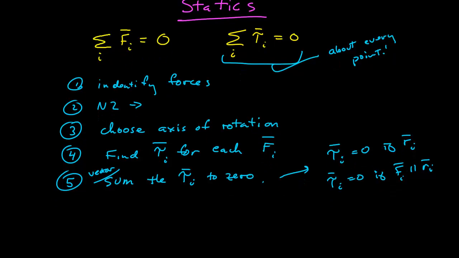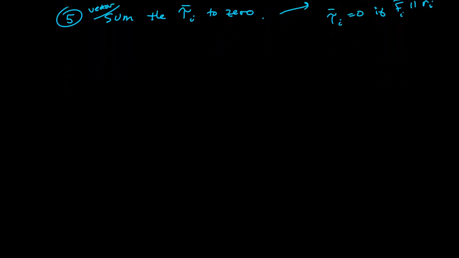I want to do an example that's a little complicated, because the physics is just that the sum of the forces and the sum of the torques is 0. So, in this problem, I'm going to roll a ball over a step. Actually, I'll say roll a cylinder over a step.